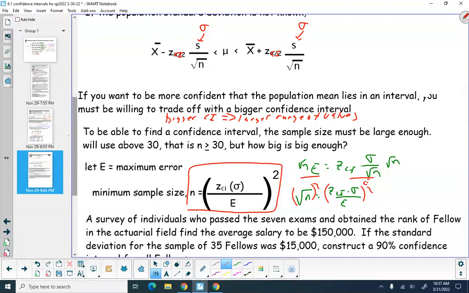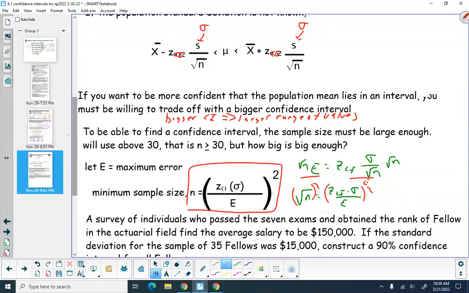This will give you a minimum sample size for the maximum error. If I'm willing to live with an error of 20 cents for something, and that's my error, I can plug it in there and say, I need to have a sample size of at least 90 people to be able to get that error of 0.2.